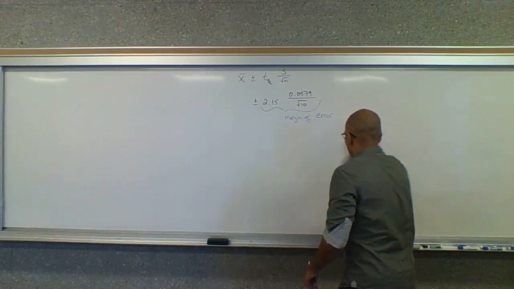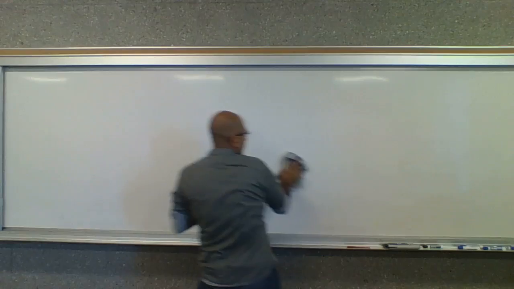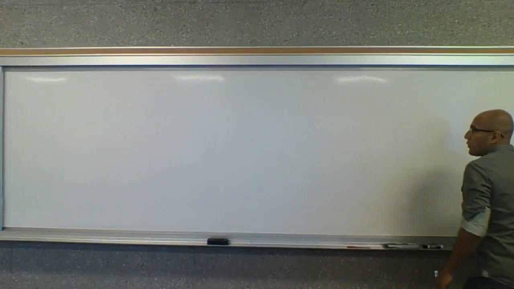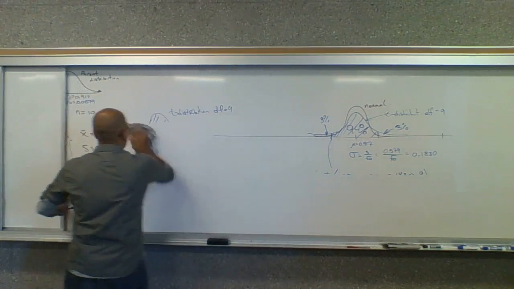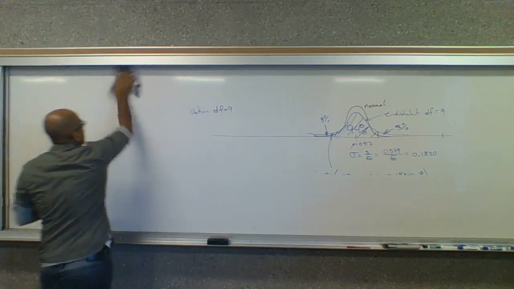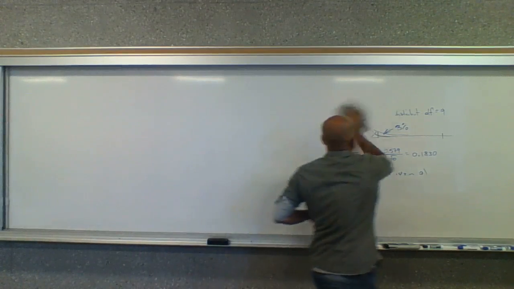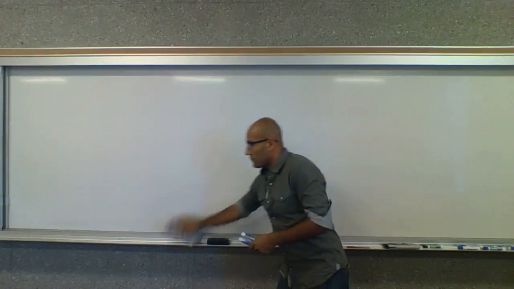Also, you might want to start thinking about the formula for the confidence interval of a population standard deviation. So type those in and let me know when you're done.